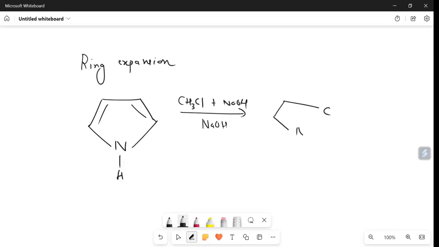The negative charge won't shift like that, and the double bond will shift.